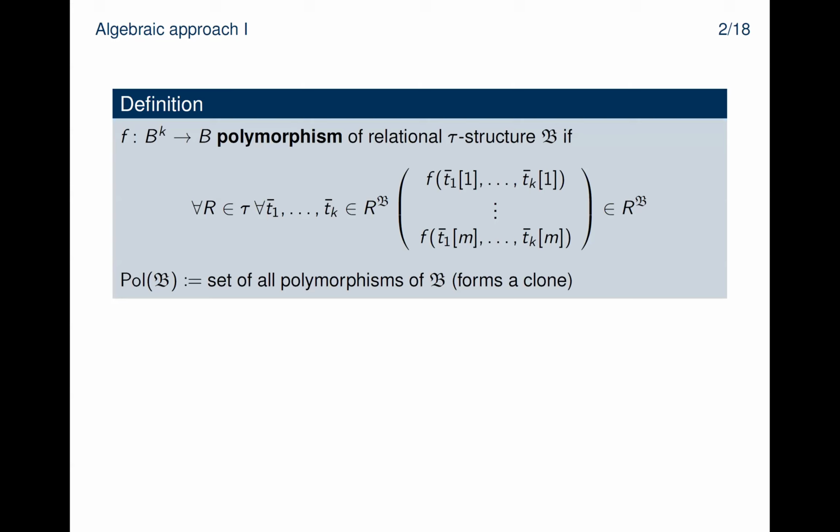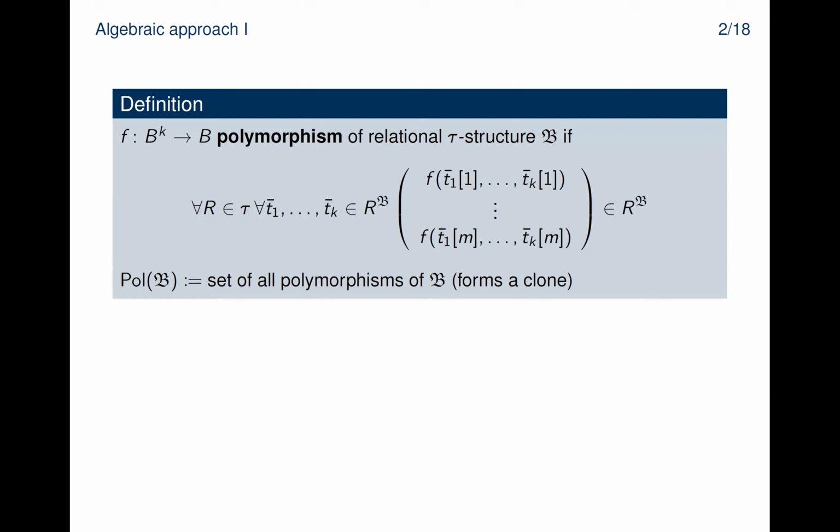And now, what made the study of constraint satisfaction problems prominent was the so-called algebraic approach. I will now cover the algebraic approach just very briefly on 2 slides. The algebraic approach relies on a particular algebraic invariant, which is the notion of a polymorphism of a relational structure.